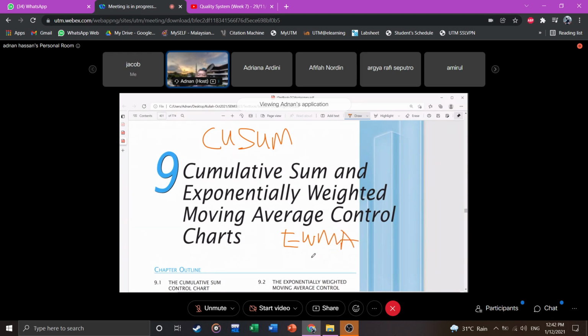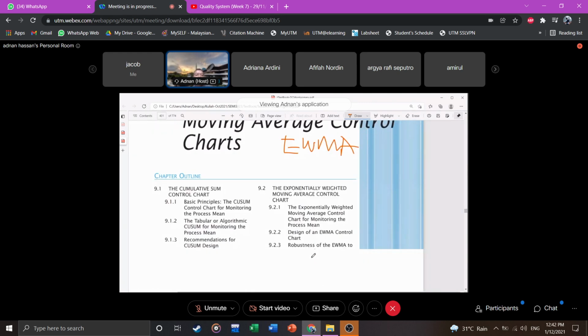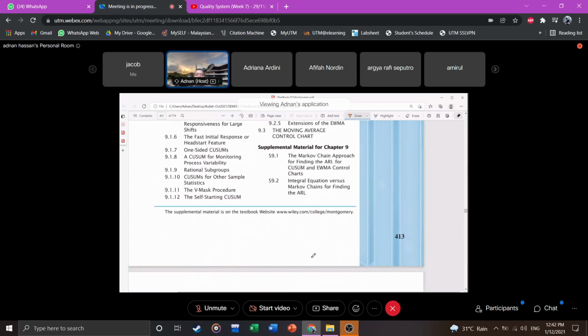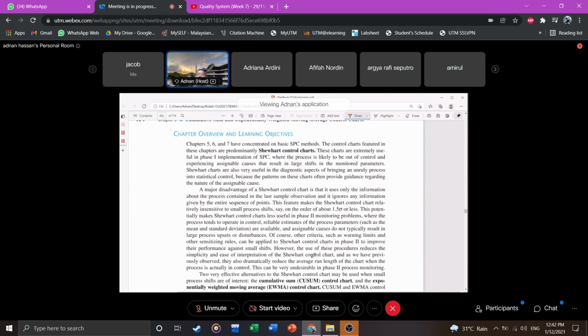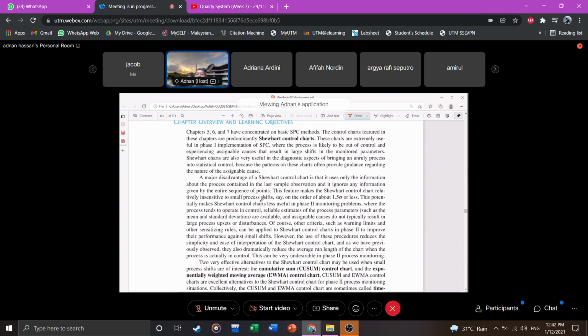So this is different from the Shewhart-based control chart. Why do we need this chart? Because this chart has more sensitivity. So what is the disadvantage of the Shewhart control chart?